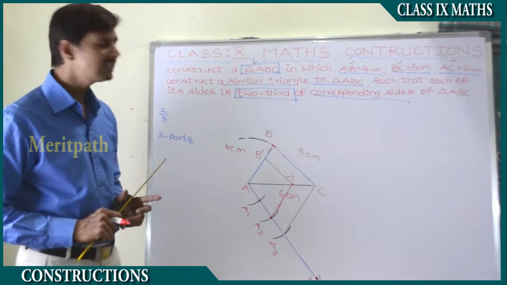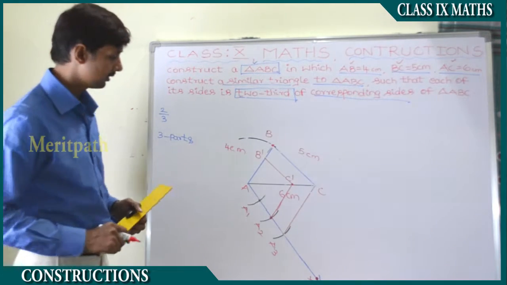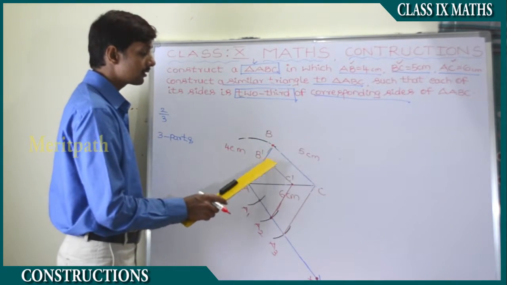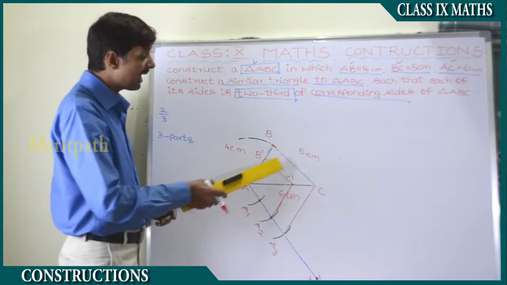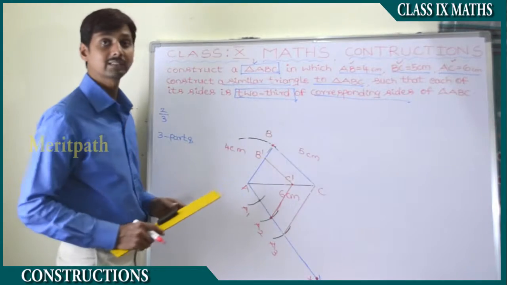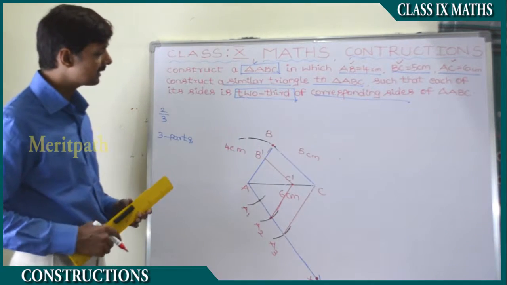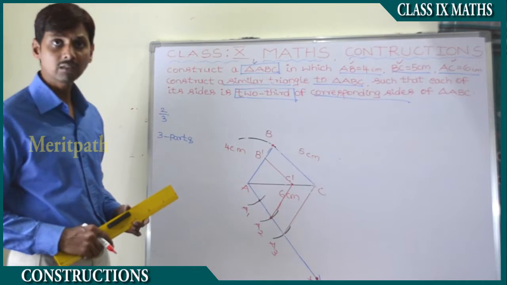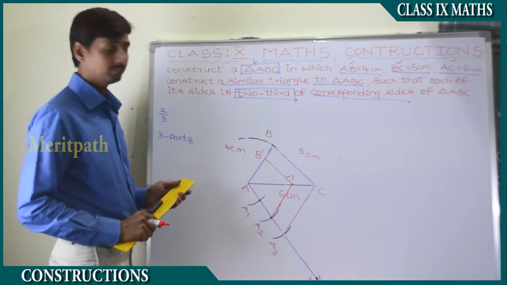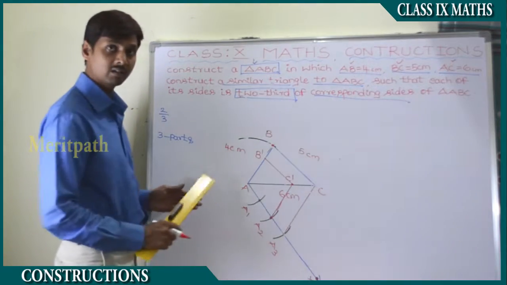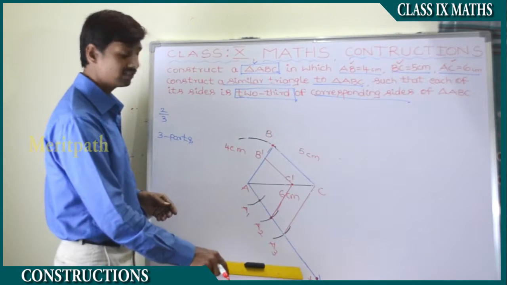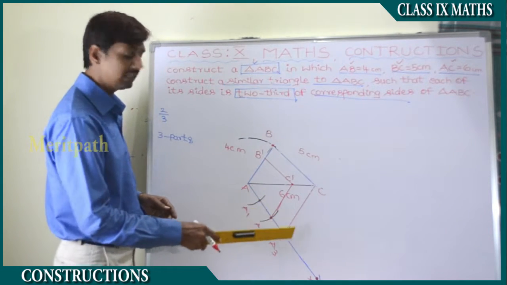Now let's observe what we have drawn. We have taken BC as a side, and we drew a parallel side for BC. We got B dash C dash. We have drawn a triangle ABC, and then we have taken an acute angle, AX is the ray, and it's divided into 3 equal parts.